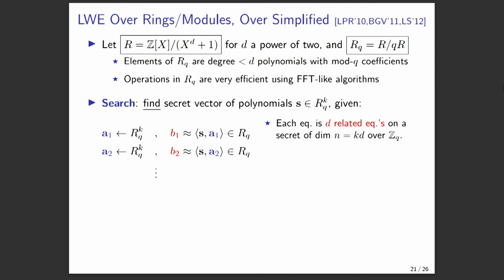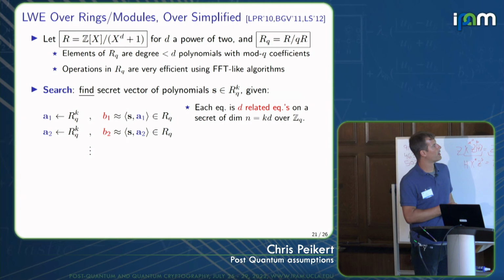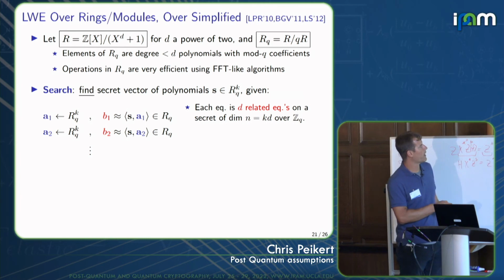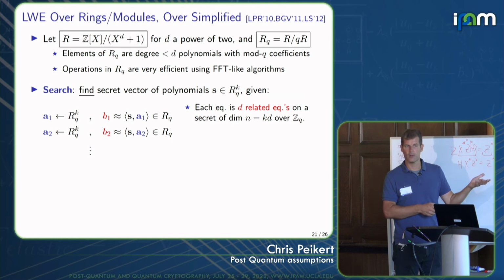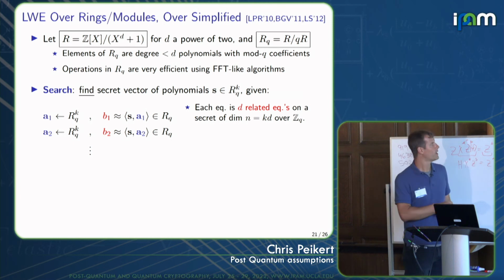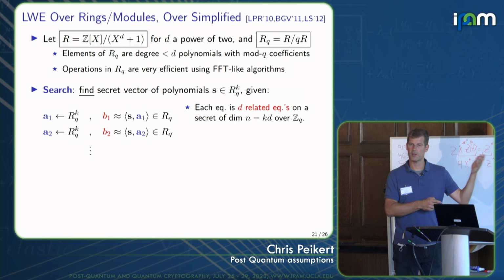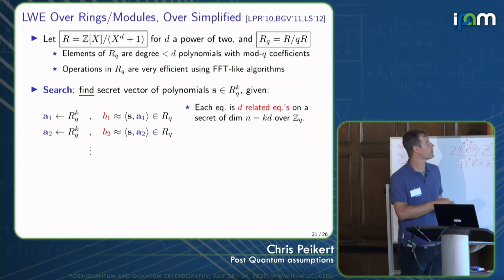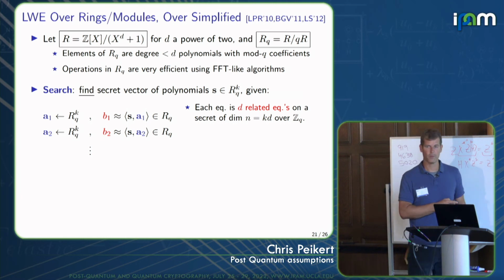If you think about it, each of these equations is really like d equations relative to the vector S as a vector over Z_q, the coefficient vector of S. This is effectively giving out d linear equations in S. But they're not independent; they're correlated equations due to the polynomial structure.